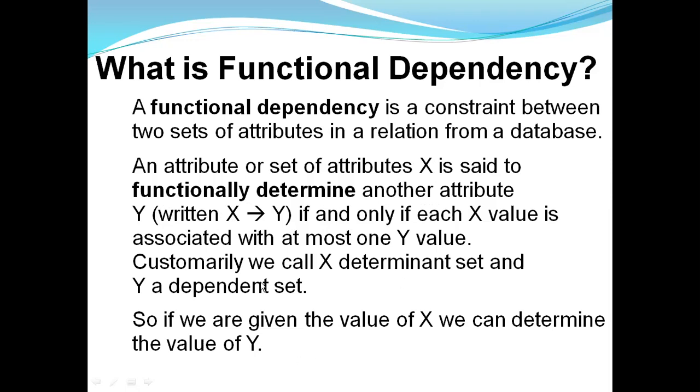So simply, if we are given the value of X, then we can determine the value of Y. That is a functional dependency. Okay, so in this lecture we'll stop here. We'll continue in the next lecture with functional dependency and complete normalization.